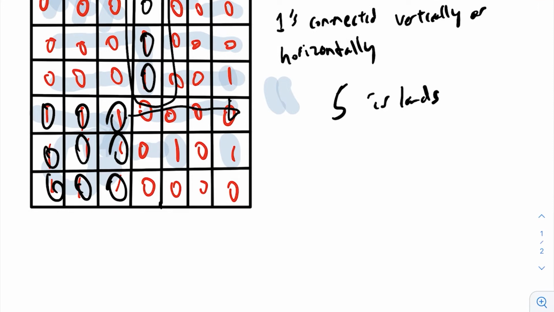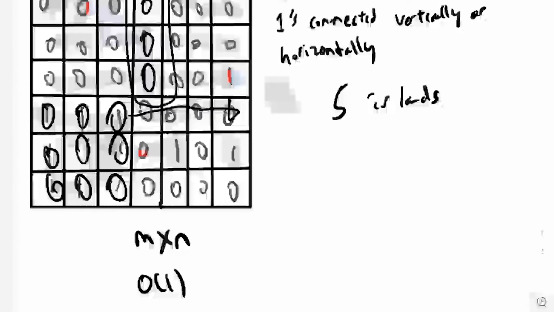Okay, so the time complexity for this ends up being m x n, right? And the space complexity is just O of 1, since we are just storing the number of islands. And m is one side of the matrix, times the other side of the matrix.